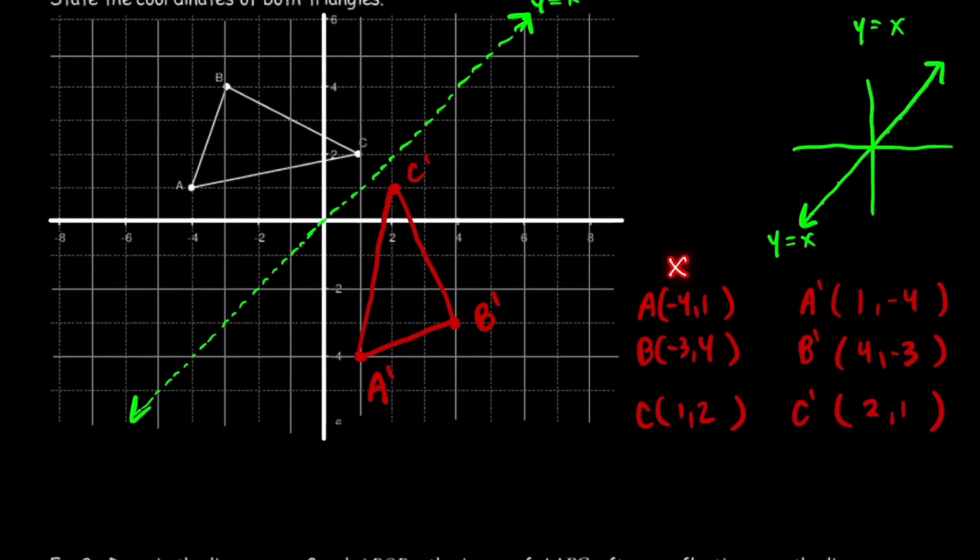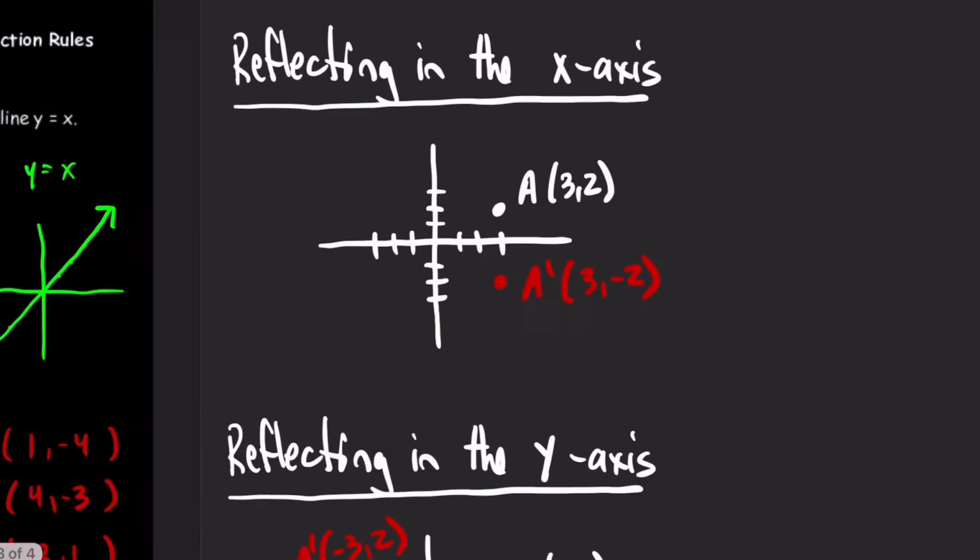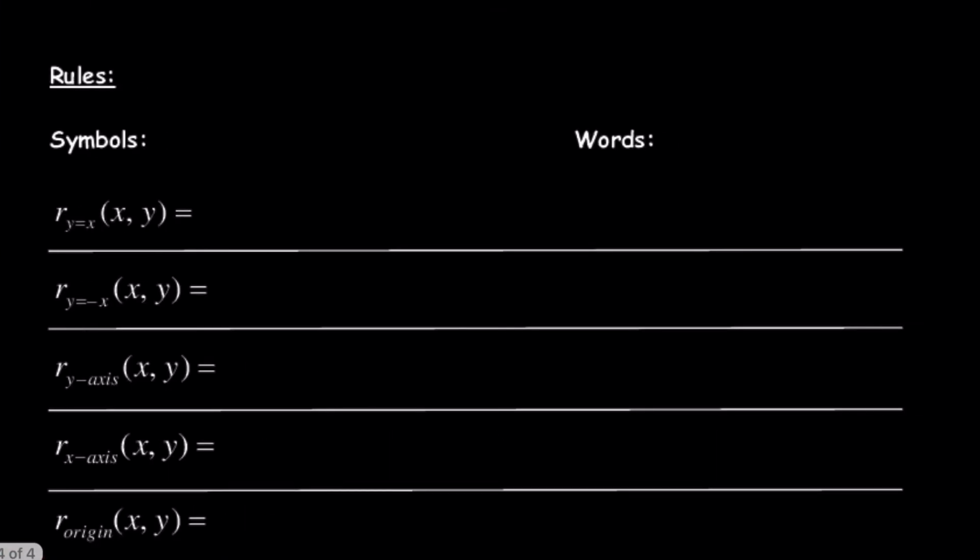So if this was xy, over here becomes yx. Okay, so that is the rule for this, yx. In words, switch. If I reflect in the line y equals x, I just switch the coordinates.